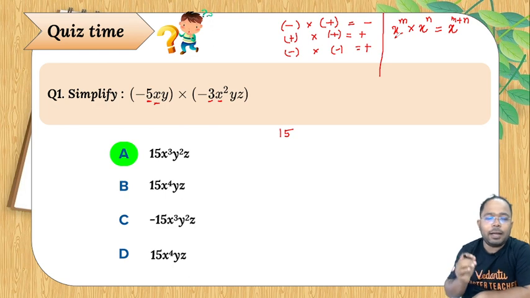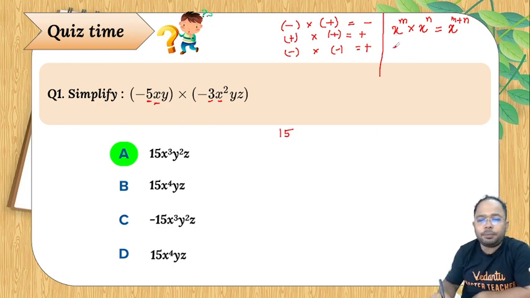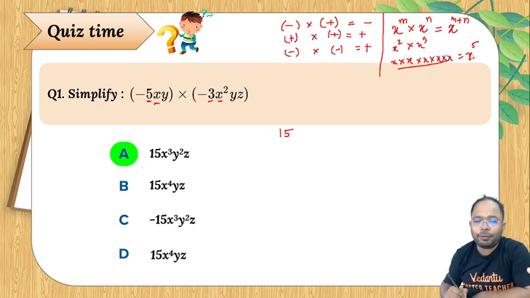Let's say for example, if we have x to the power 2 and x to the power 3, that means x has been multiplied 2 times and x has been multiplied 3 times. So x is being multiplied 5 times, and that comes from 2 plus 3 is equal to 5. Similarly, here if no power is given for x, that means 1.